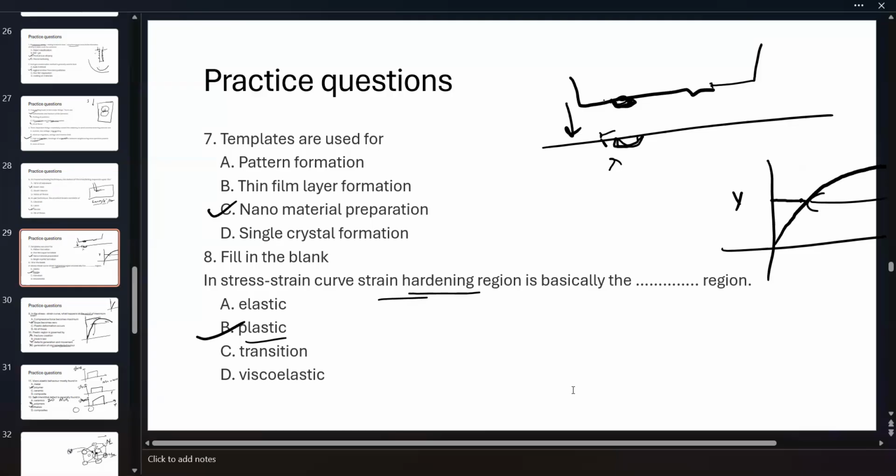Initially, there are very little dislocations in your grains. But as you increase the stress beyond, as you reach the yield point, what will happen?